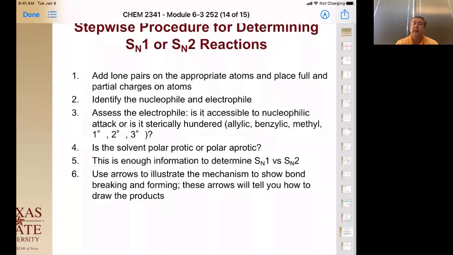And then our secondary, we now have to start looking at our solvent. If it's polar protic, it can go Sn1. If it's aprotic, it goes Sn2. You should have enough information to figure out Sn1 and Sn2 just from walking through those steps in order. And if you can't, then you go ahead and start drawing arrows until it makes sense.